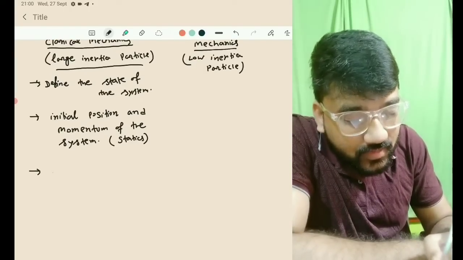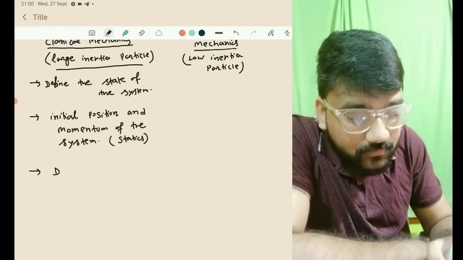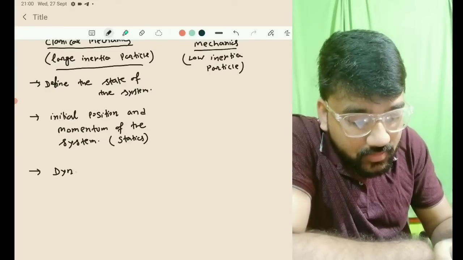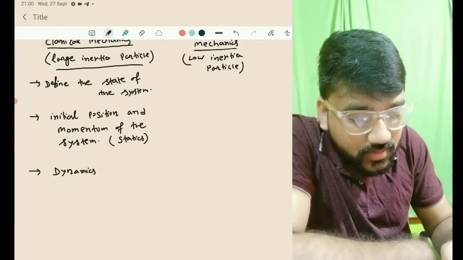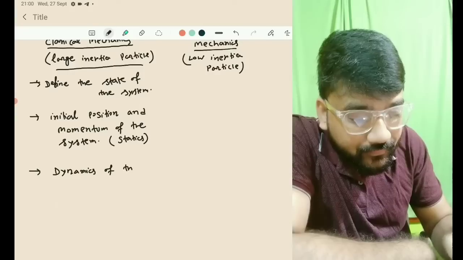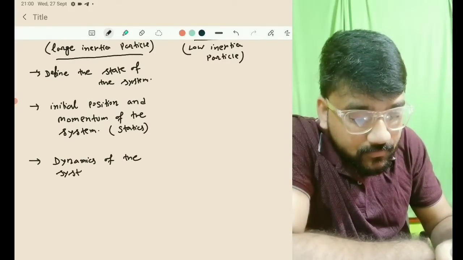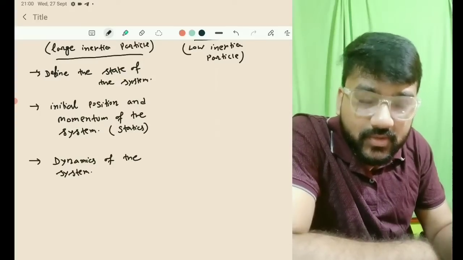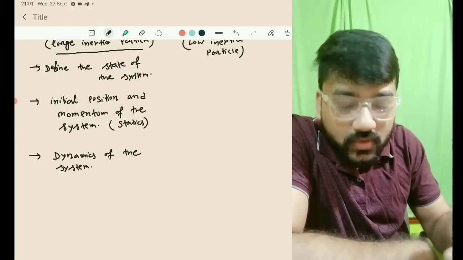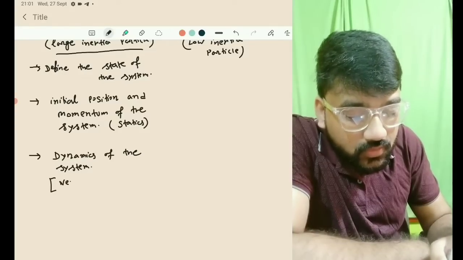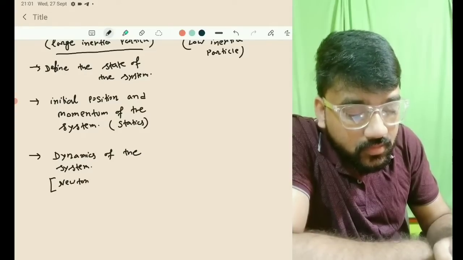That is the dynamics of the system, how the system evolves with time. In dynamics we use some law, something like in classical mechanics we use Newton's laws of motion.